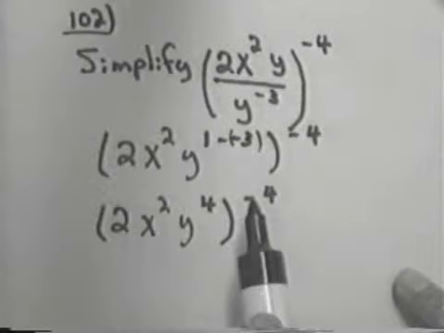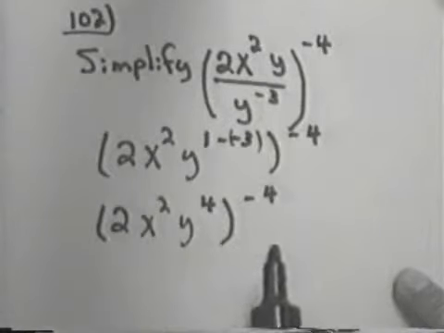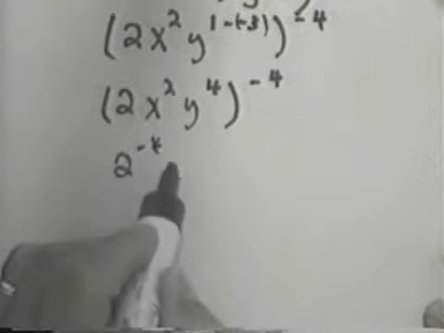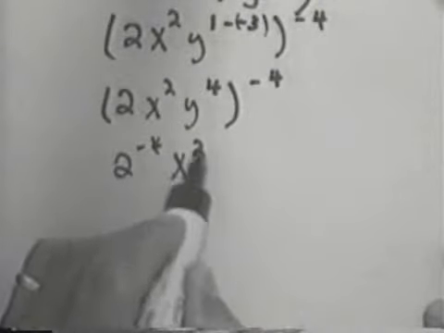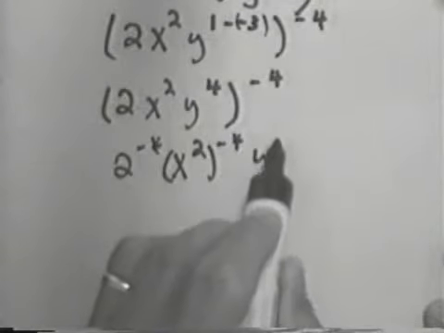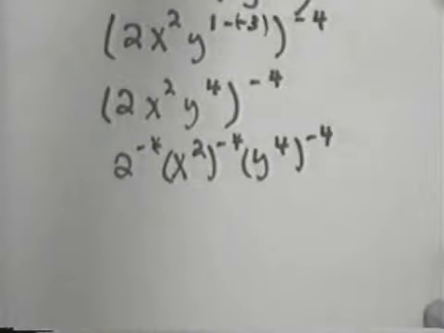Now I apply the exponents outside the parentheses to each of the powers inside. So I would have 2 to the negative 4, x squared to the negative 4, y to the 4th to the negative 4.